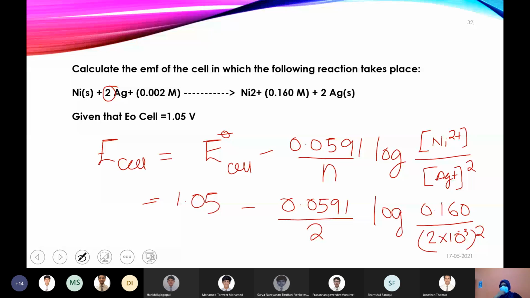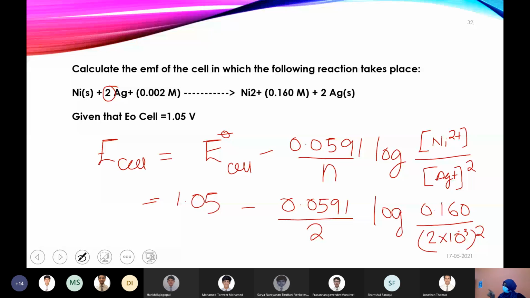So that should be learned. Final answer? No, it should be in decimal. Yeah, log is to the base 10. LOG is log to the base 10.